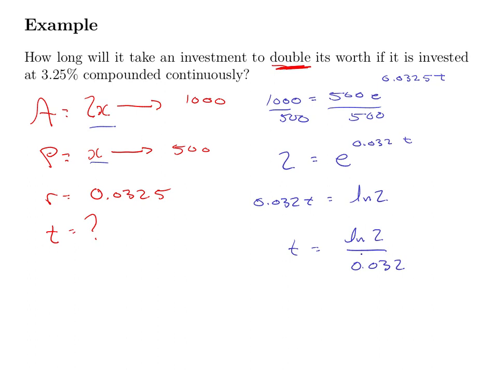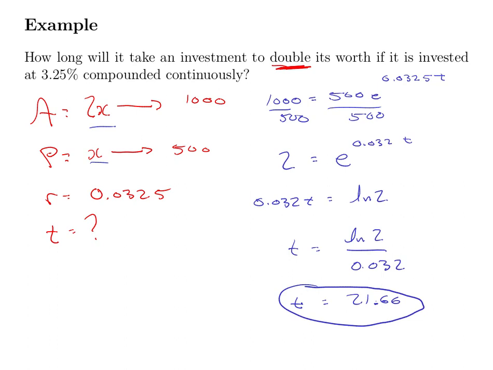Natural log of 2 divided by 0.0325, that looks to me like it's around 21.66. So like 21 and 2/3 years, or you could say like, I don't know, 21 years and 8 months. So that's how long it would take to double your investment at 3.25% compounded continuously.